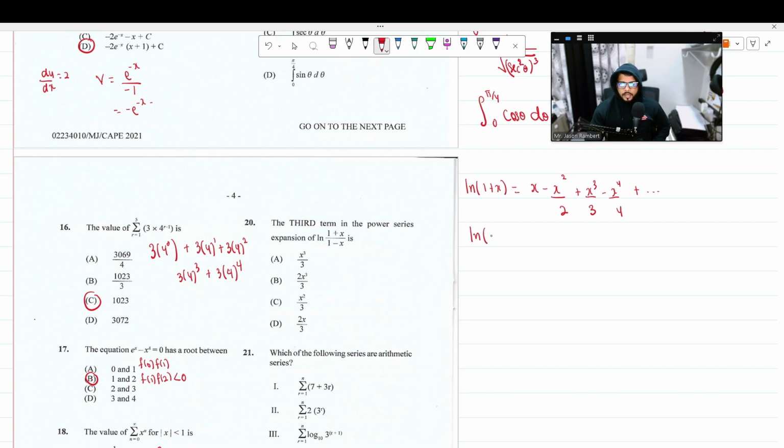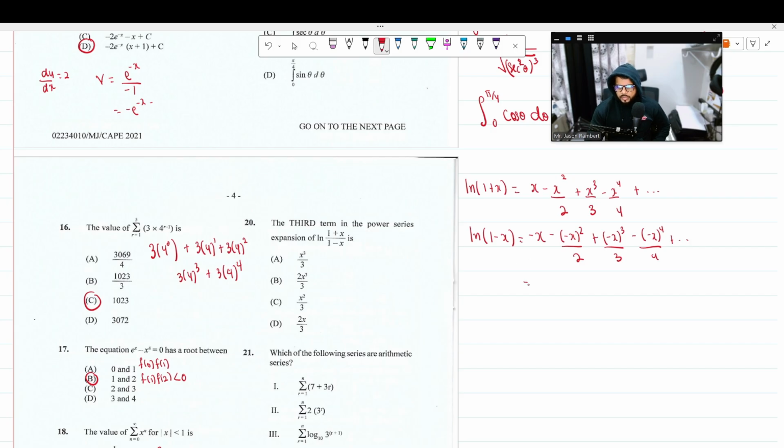Similarly, ln of 1 minus x, I'll just replace x with negative x over here, and I'm going to get minus x, take away minus x squared on 2, plus minus x cubed on 3, take away minus x to the power 4 over 4, and so on, right?